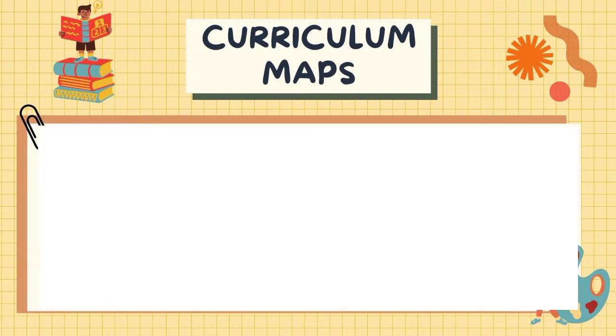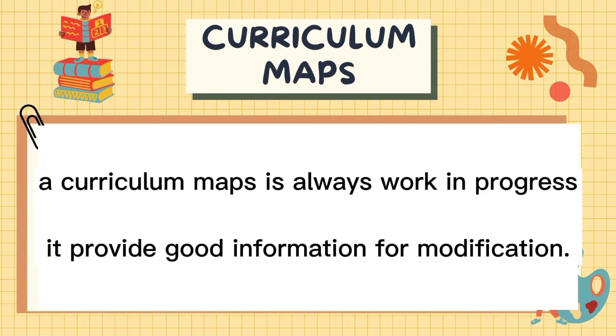A curriculum map is always a work in progress that enables the teachers or the curriculum review team to create the curriculum. It provides good information for modifications of the curriculum, changing of standards and competencies in order to find ways to build connections in the elements of the curricula.